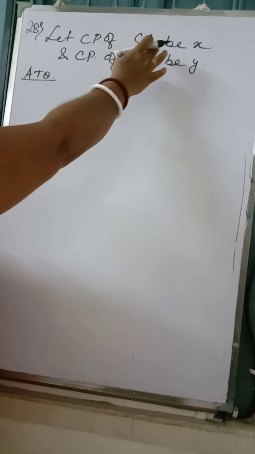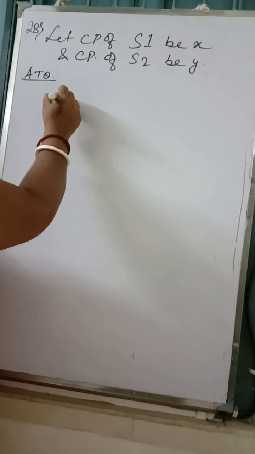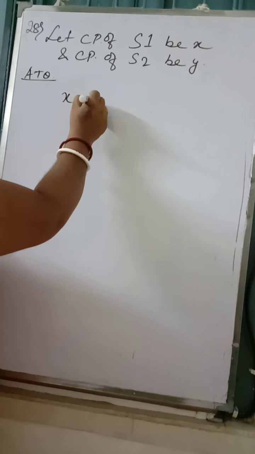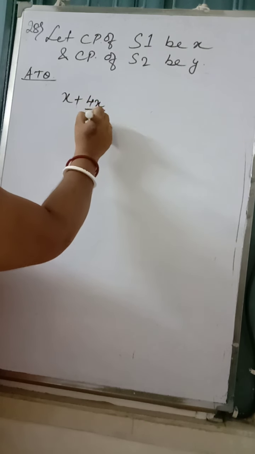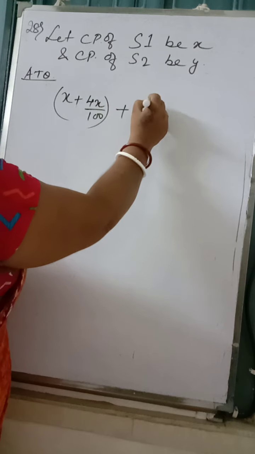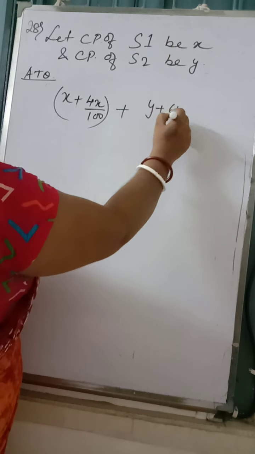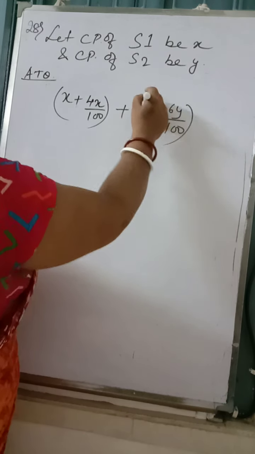If the CP is X and the profit is 4%, the SP for the first mobile will be X plus 4X by 100, and the SP for the second mobile is Y plus 6Y by 100. This is the SP of the second mobile.